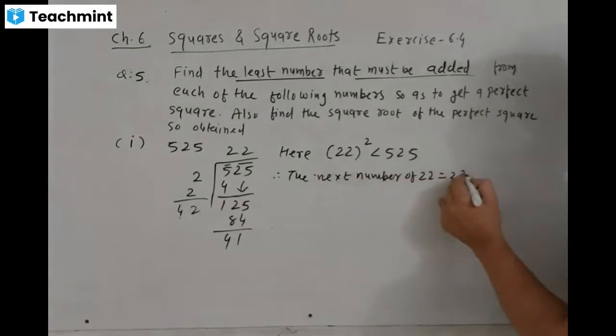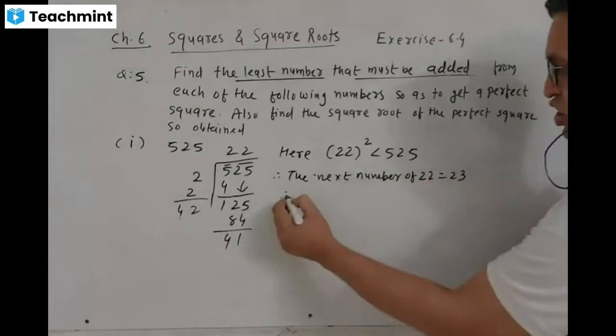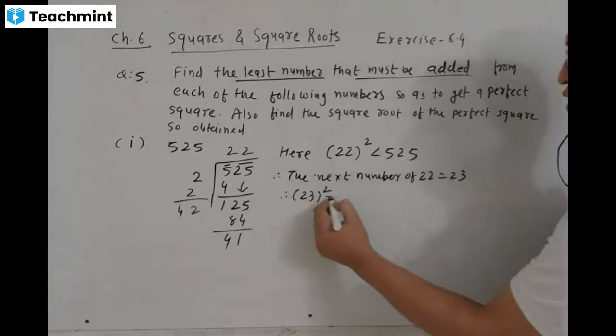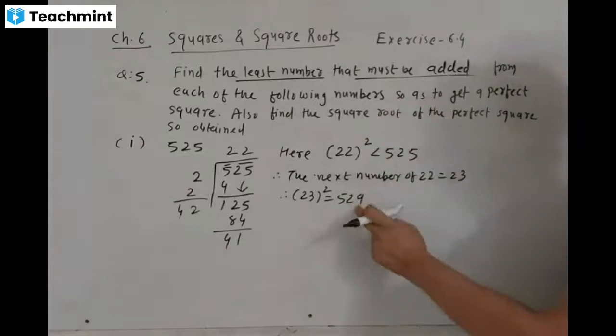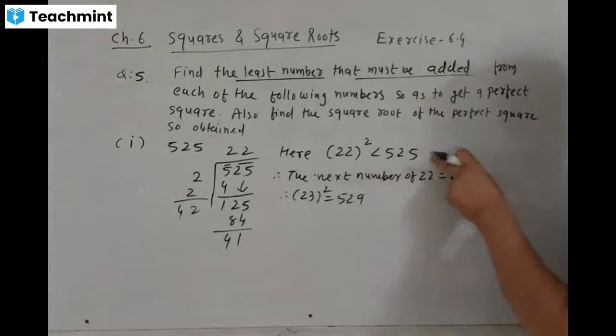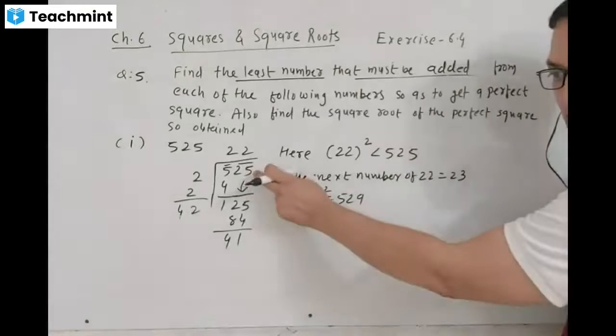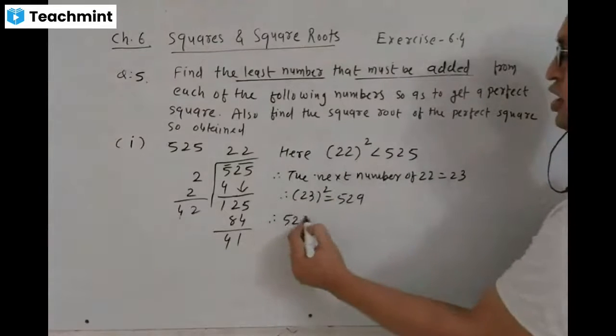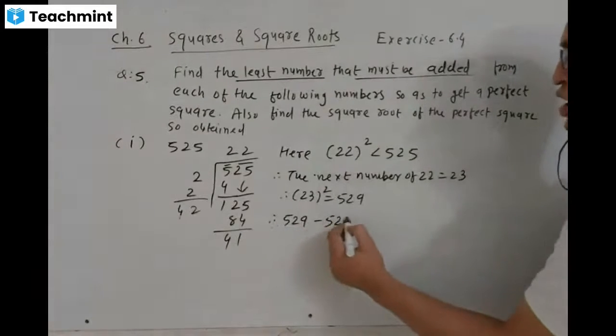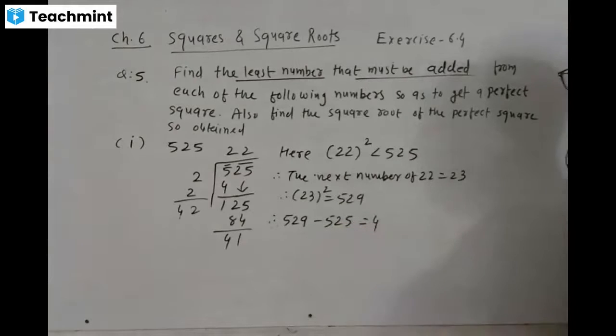That is equal to 23, and 23 squared is equal to 529. Which number must be added? So 529 minus the given number: 529 minus 525 is equal to 4.